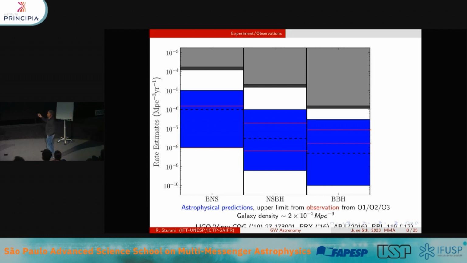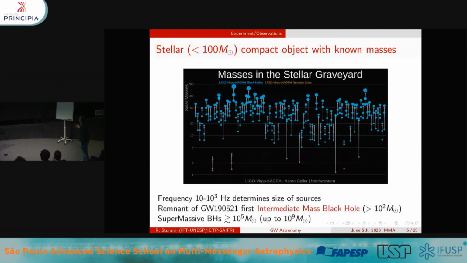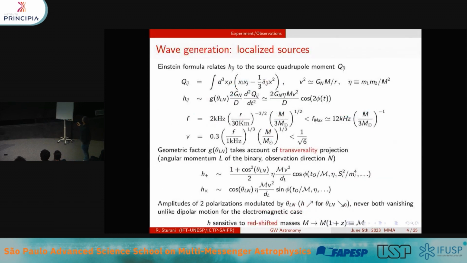And then neutron star black hole systems are somehow in between. Also, notice that mixed systems are supposed to be seen less than a binary black hole of the same mass because of this eta, you see? Because this is the quadrupole of the binary. The quadrupole depends on the reduced mass, and here I just want to write the reduced mass as the symmetric mass ratio eta times the total mass.